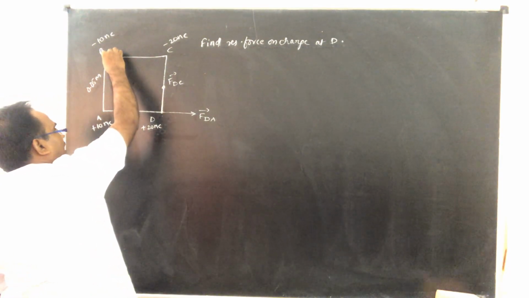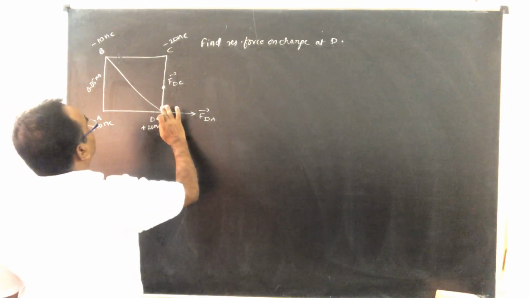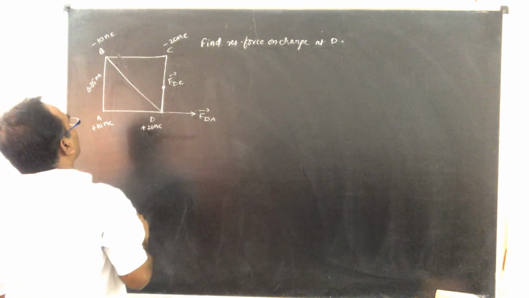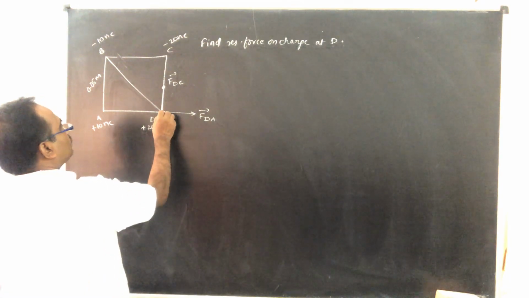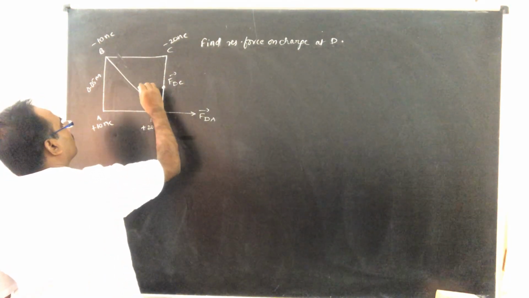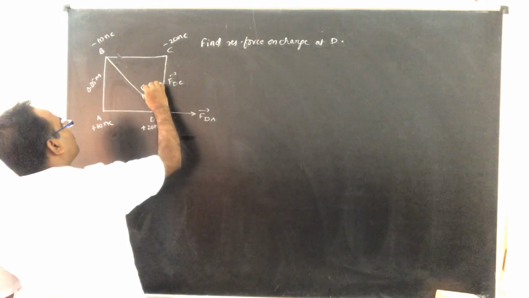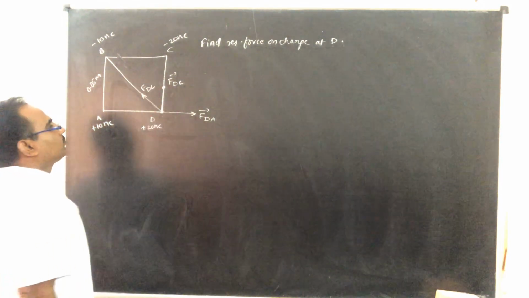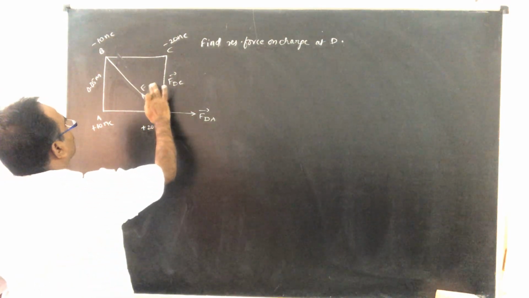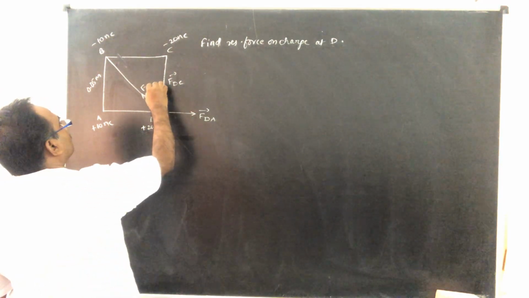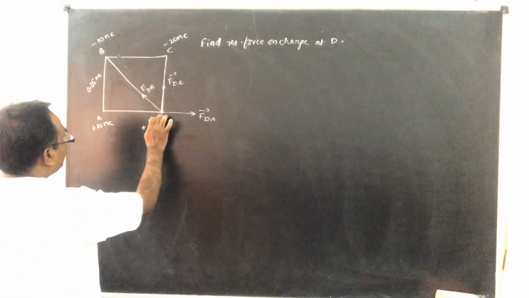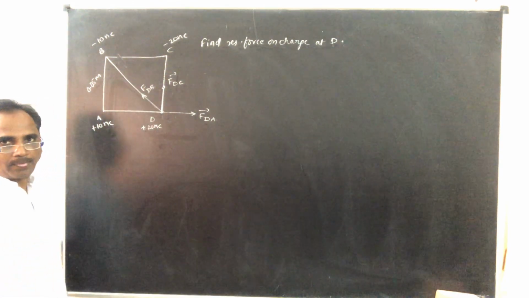So if I draw a diagonal like this, on this positive charge, due to this negative charge, the force will be in this direction. So this is FDB. Force on the charge at D due to the charge at B.